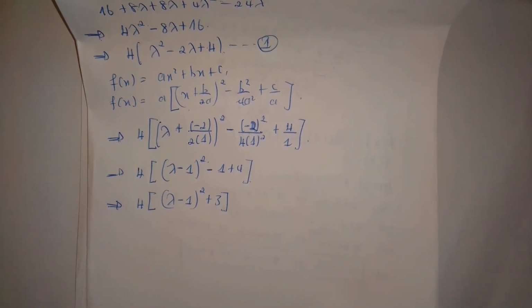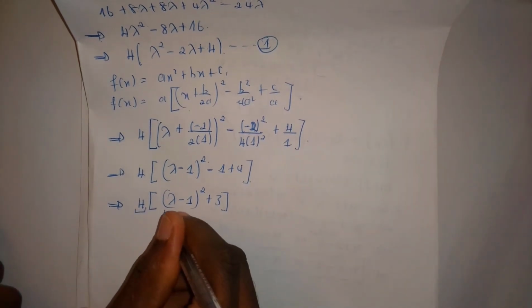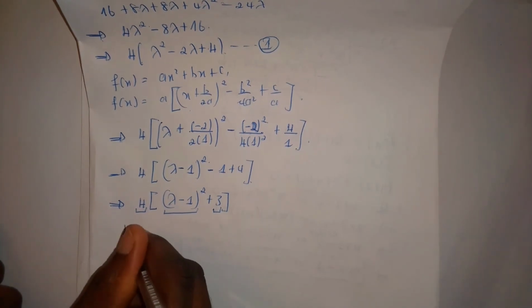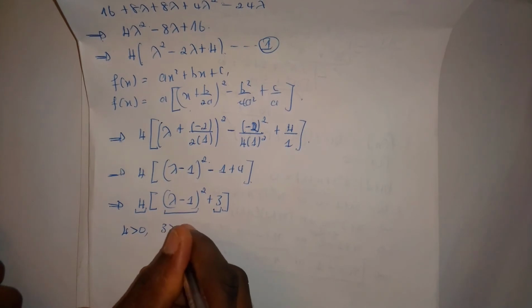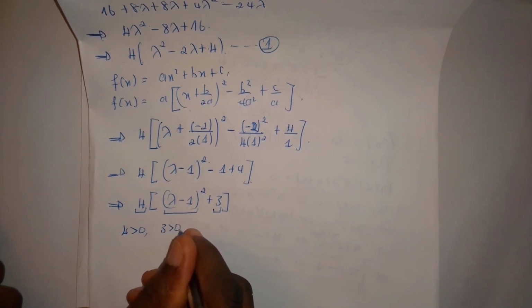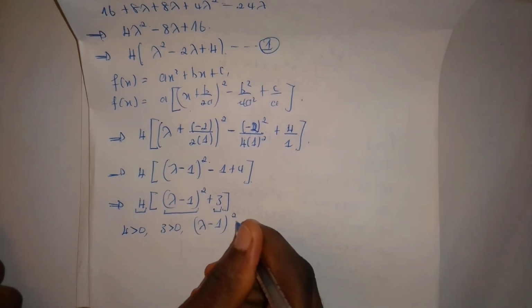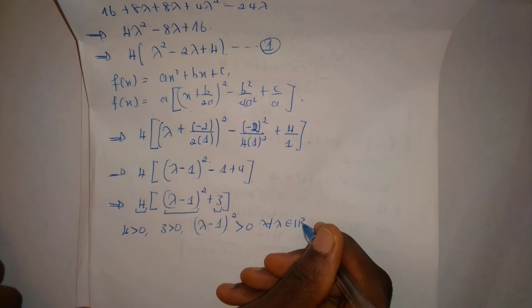Are we all in phase? So we clearly see that we have terms like 4, lambda minus 1 squared, and 3, but we know 4 is a positive number, greater than 0, 3 is a positive number, greater than 0, and lambda minus 1, all of that squared, will always be positive for every value of lambda which belongs to the set of real numbers.